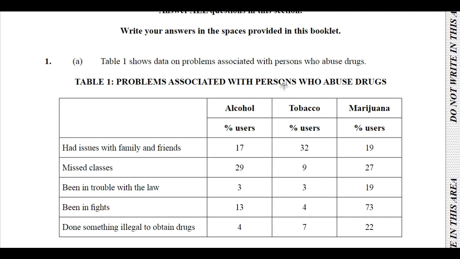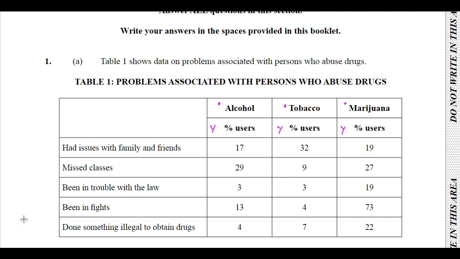So problems associated with persons who abuse drugs, right? And the drugs in question are alcohol, tobacco, and marijuana. Now, if this were going on a graph, percentage users would be going on the y-axis.